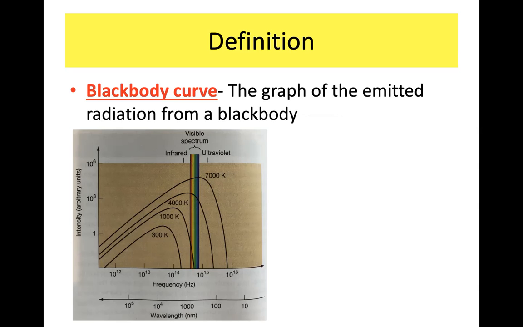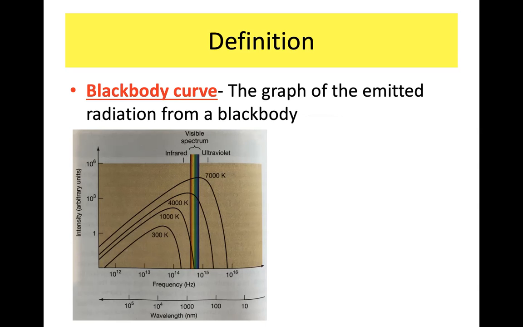So this object will be glowing very intensely in red, remember the y-axis there is intensity. Notice 7,000 degrees Kelvin actually glows at a higher frequency than we can even see with our eyeballs. It peaks in the ultraviolet. So it would appear blue to us, because we can see blue light, but its highest intensity would actually be in the ultraviolet.